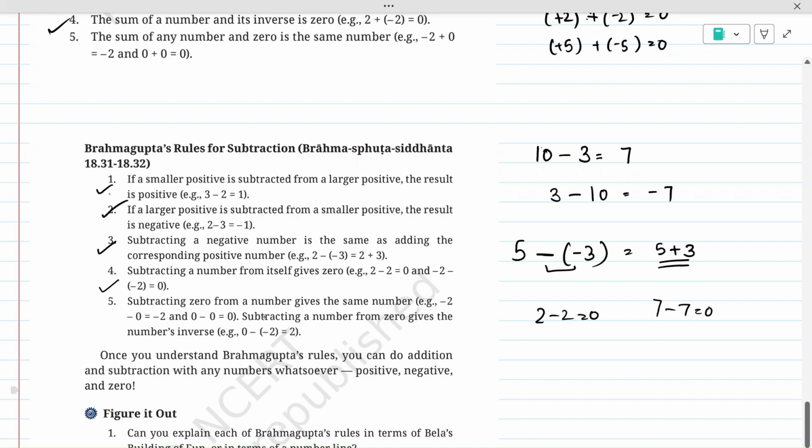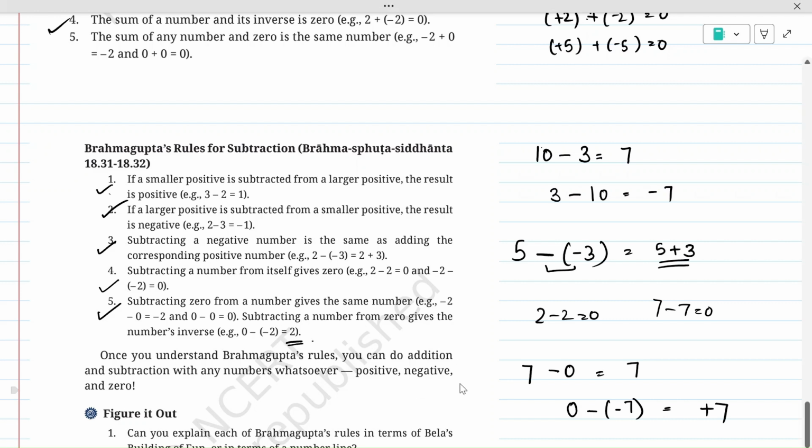And subtracting 0 from a number gives us the same number. Subtracting a number from 0 gives the number's inverse. If we subtract a number from 0, we will get the inverse, that is, plus 7 here. Subtracting 0 and subtracting from 0 are different.